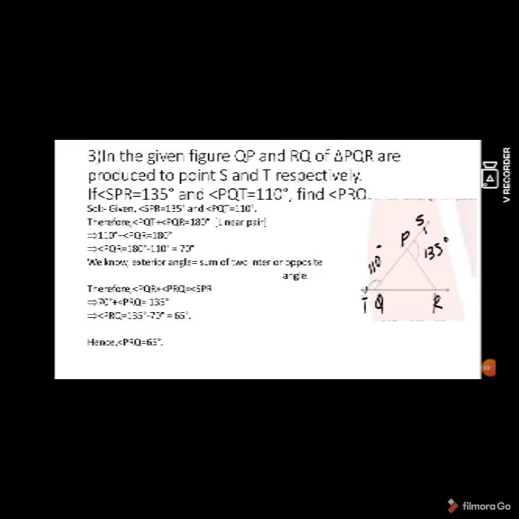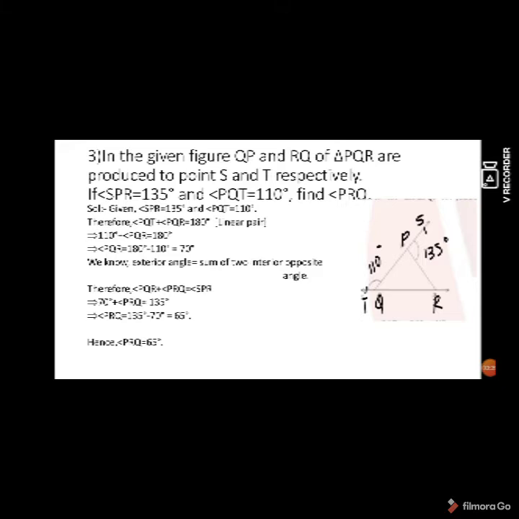This is sum number 3. In the given figure, QP and RQ, triangle PQR. So you can locate the triangle PQR, and QP and RQ are extended, or produced, to points S and T respectively.